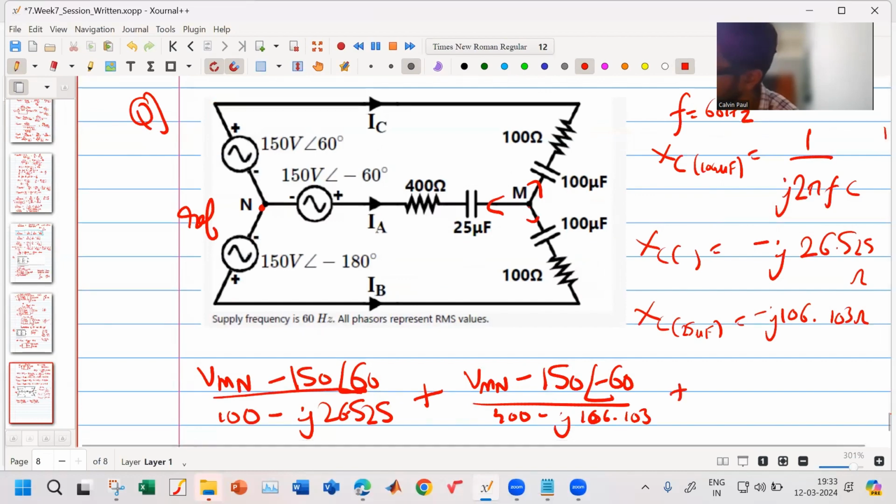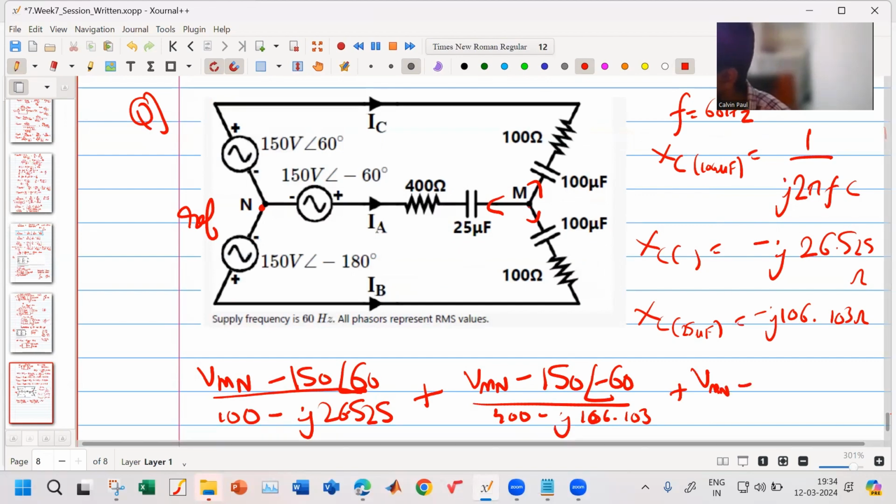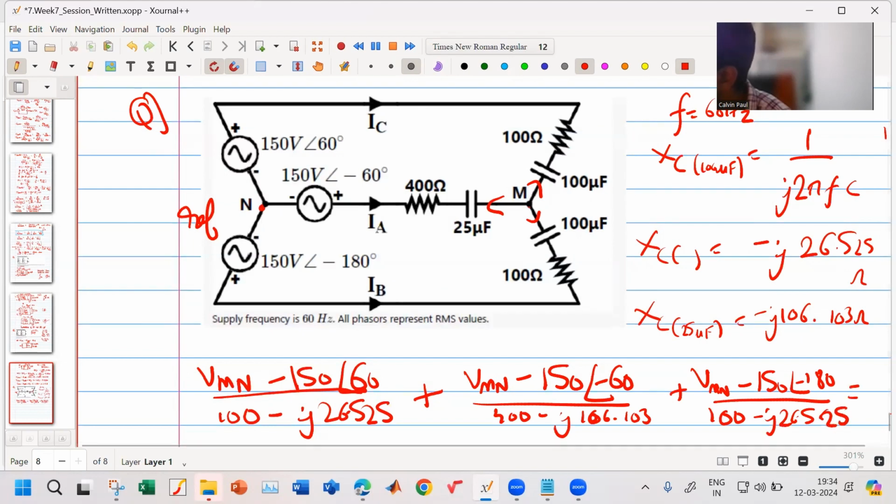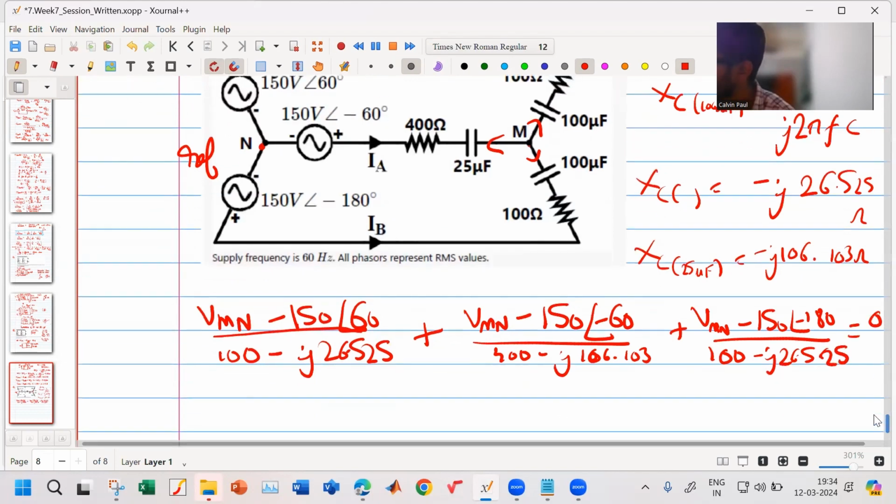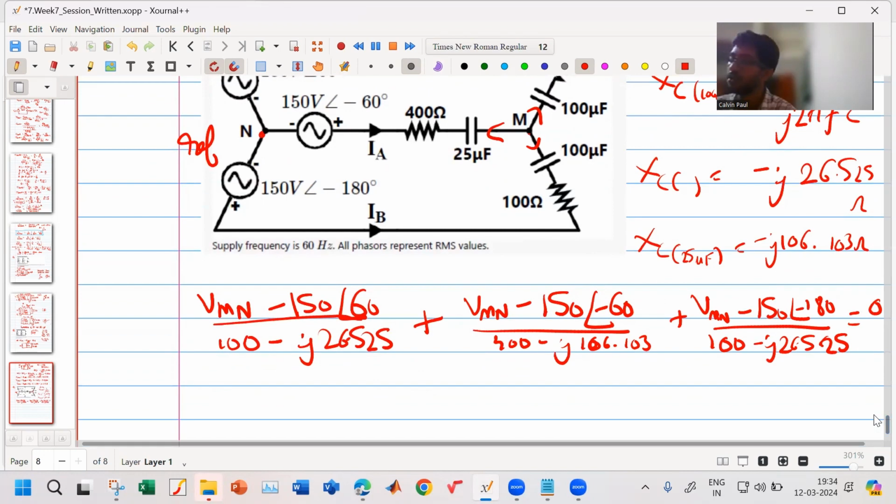Plus, I'm considering this current: VMN minus 150 angle minus 180 divided by 100 minus j 26.525. This is equal to 0. Okay. So can anyone tell me one easy trick to solve this, or something you have observed?